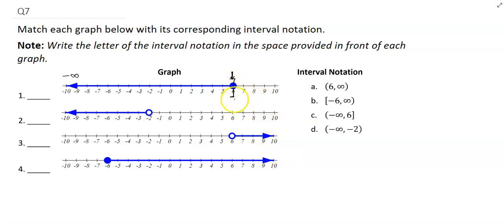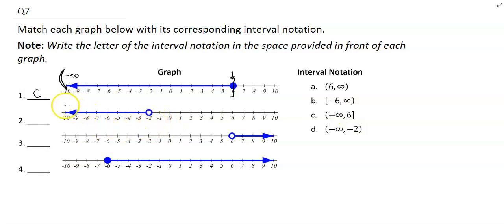And my bracket is on this side because all my numbers are going to the left. And of course, the infinity, I never get there, so it is a parenthesis. Which one looks like that? This one. See, negative infinity to 6, including the 6. So this is C.